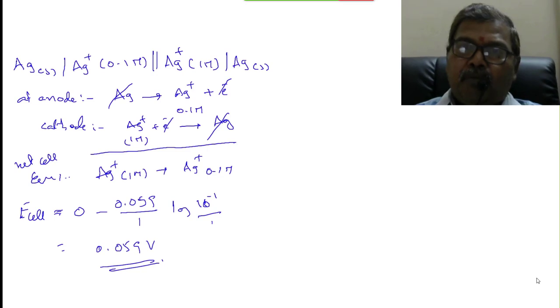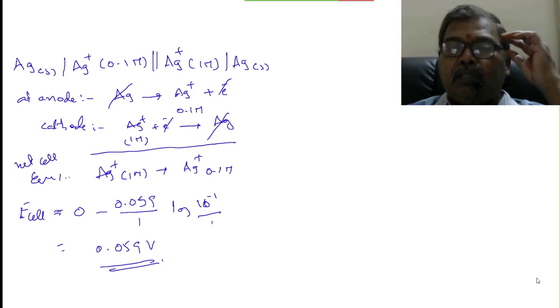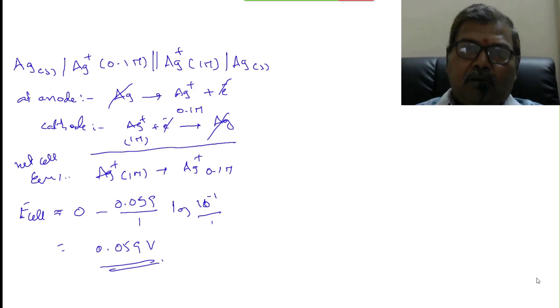Suppose the number of electrons in both the half reactions is not the same, then remember that you have to equalize the number of electrons in both the half reactions. Right?